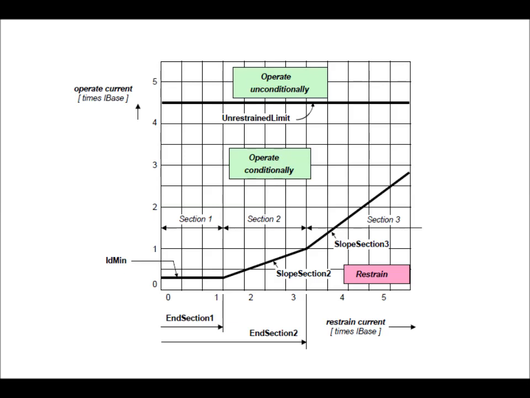If the differential current is beyond this set value, then the relay will operate unconditionally. Here the differential current is the vector sum of the two currents I1 and I2, where I1 is the primary current in per unit quantity and I2 is the secondary current in per unit quantity. I1 and I2 are the percentage of the full load current.